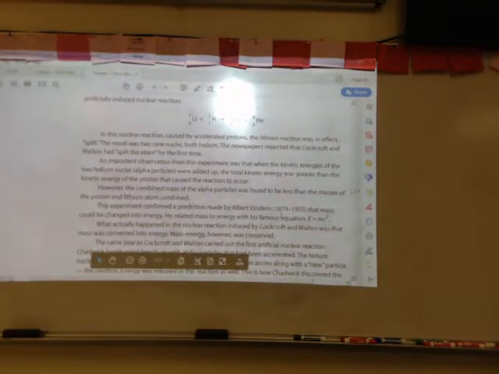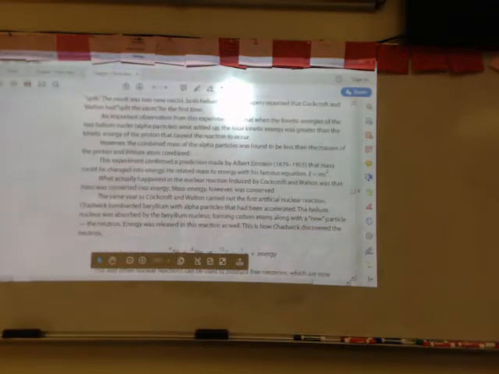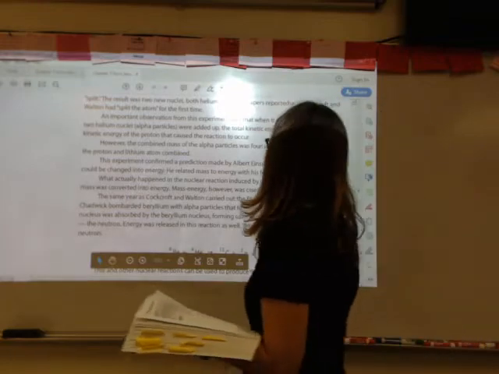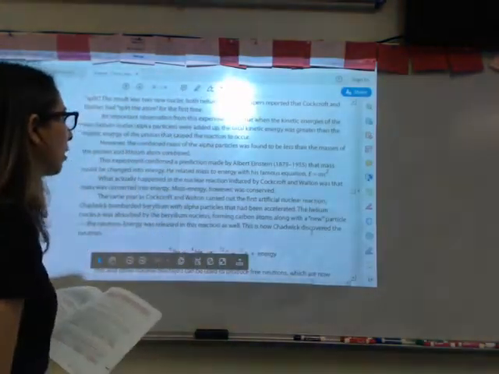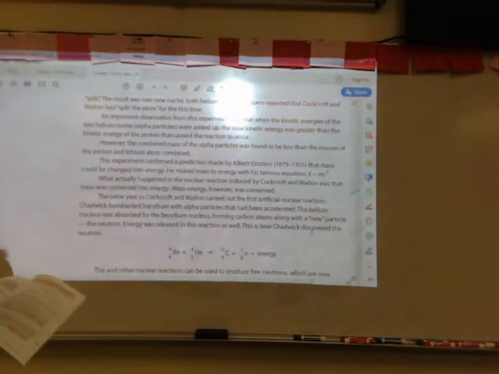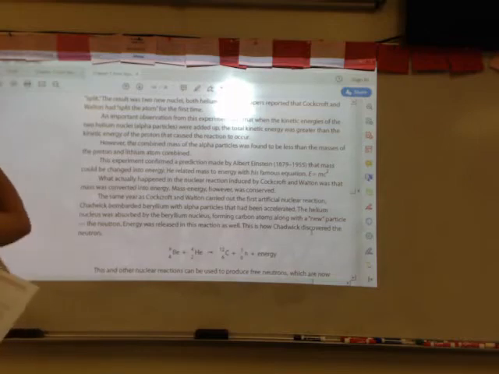And an important observation from this experiment was that when the kinetic energies of two helium nuclei, which are alpha particles, are added up, the total kinetic energy was actually greater than the kinetic energy of the proton that caused the reaction to happen. But the combined mass of the alpha particles was less than the masses of the proton and the lithium atom combined.